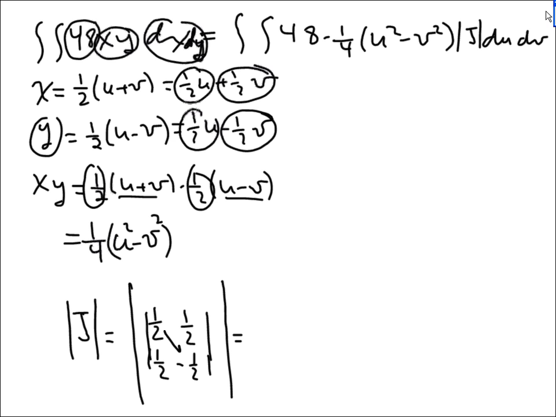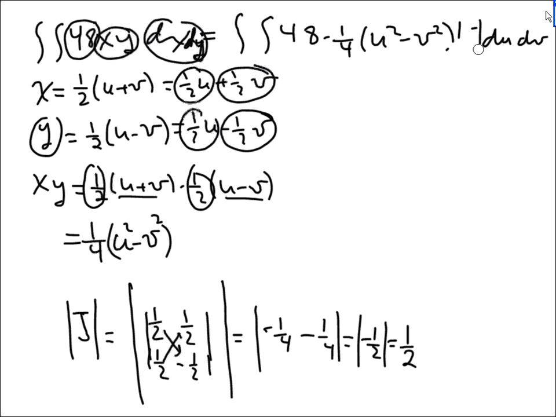So this becomes this product, which is negative a quarter, minus that product, which is a quarter, the absolute value of that. But we just did that problem. It's negative a half, the absolute value is plus a half. So we have the Jacobian. It is 1/2.